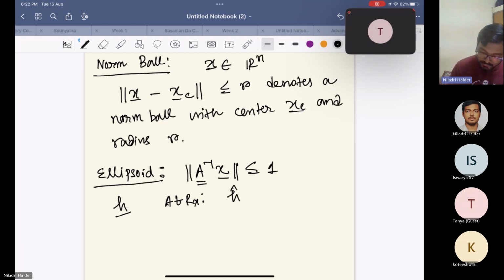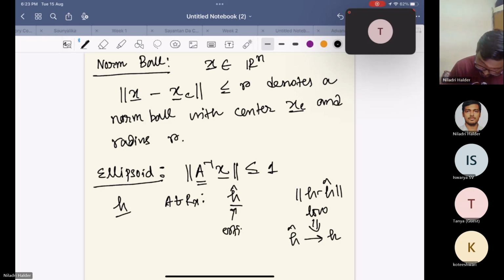But how will you determine whether this estimated h hat is proper or correct? If the distance between h minus h hat is low, then we'll say that this h hat is near to h. So this is the estimate of the true channel.